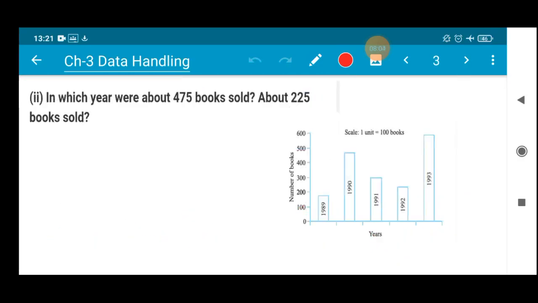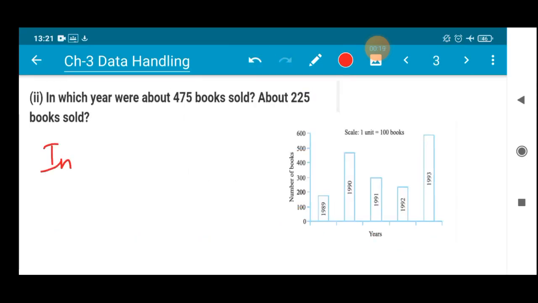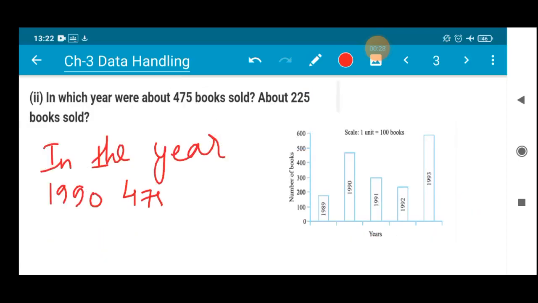Let's do question number 2 now. In question number 2, it is said: in which year were about 475 books sold? About 225 books sold? In our previous sum, we found that 475 books were sold in 1990. So we can write in the year 1990, 475 books were sold.